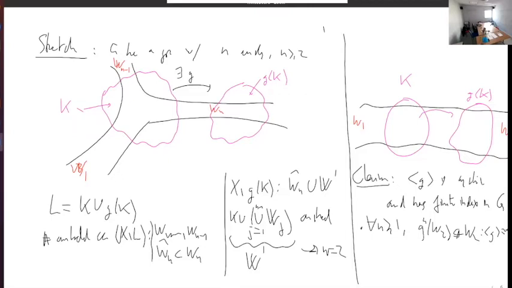Now, how to prove that this group has finite index in the whole group G? Well, what I want to prove is that the action of the group on my space X, on the K graph, is geometric. And if I can prove this, the fact of being co-compact will tell me that actually the quotient will be finite.